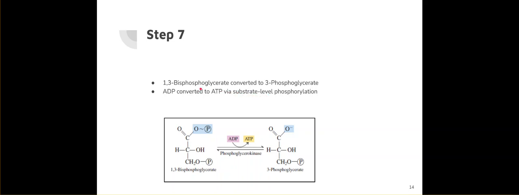Step 7 is we take this 1,3-bisphosphoglycerate and we're going to convert it to 3-phosphoglycerate. Now in this case, we're peeling a phosphorus off, so we're breaking that strained bond.